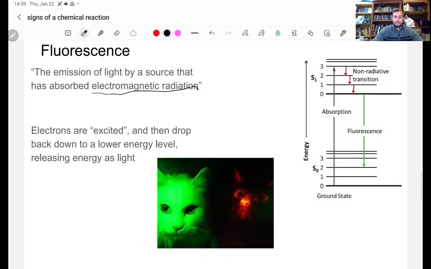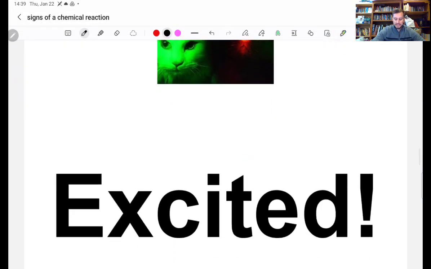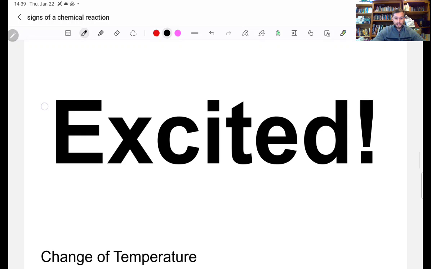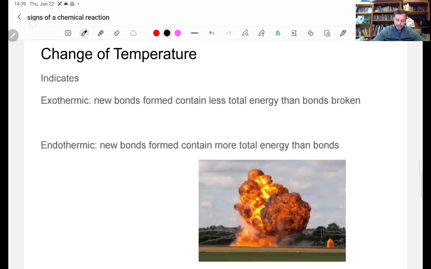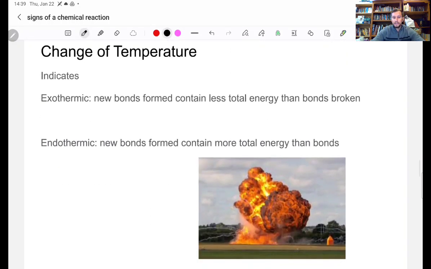You're providing energy into them, and the electrons get excited, and then they drop back down an energy level, releasing energy, and some of that energy is released as light. Well, this can also be a sign of a chemical reaction, depending on what you expect to take place, where the electrons are excited. A change in temperature can also be a sign of a chemical reaction.